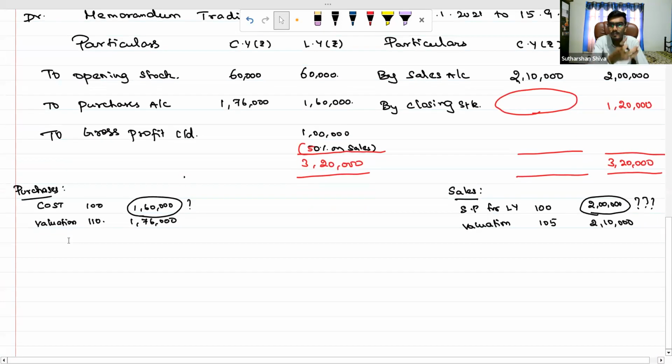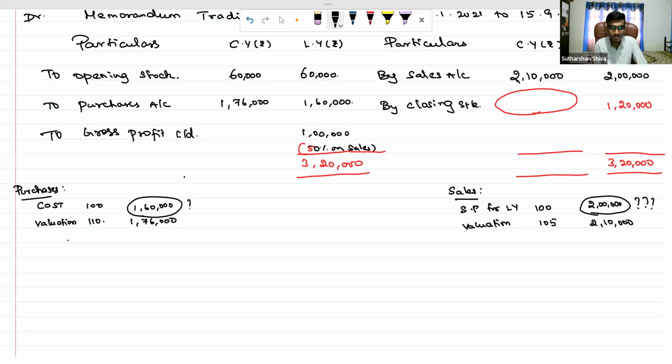In the same way, I have purchased the stock based on the closing stock. Closing stock is based on the purchases value. So now my cost in the last year, because I'm valuing at cost only, right? My stock valuation at cost is 1,20,000.